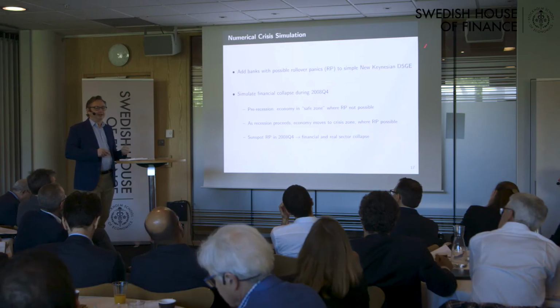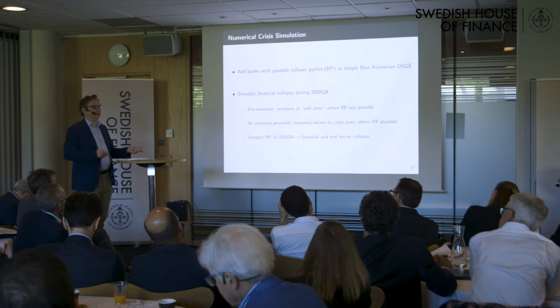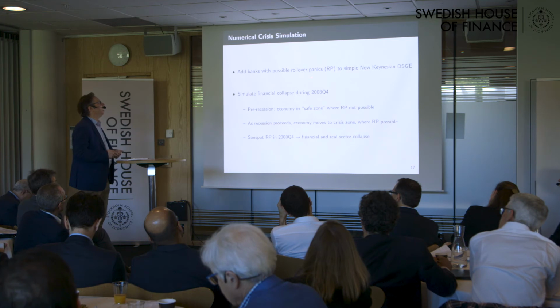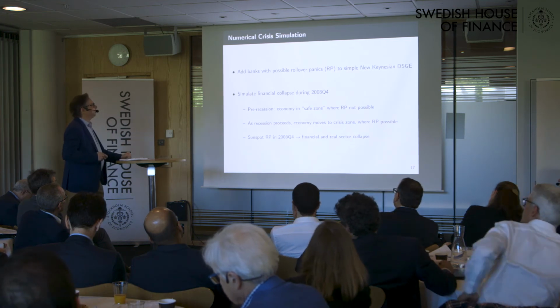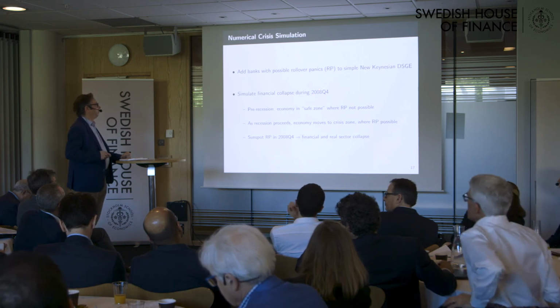Okay, so we can actually take this mechanism and incorporate it in a simple New Keynesian model. And I'm going to use the model for a reason, not just because it's popular. It's going to help me explain the contraction, and as Marty said, help me explain the persistence. So we can simulate a financial collapse during fourth quarter 2008 Q4.